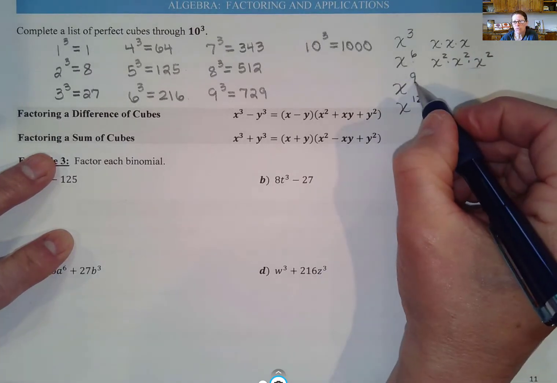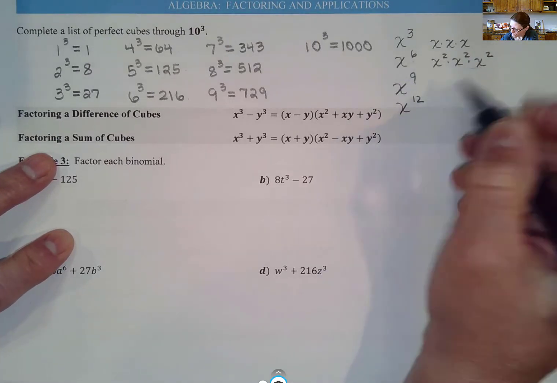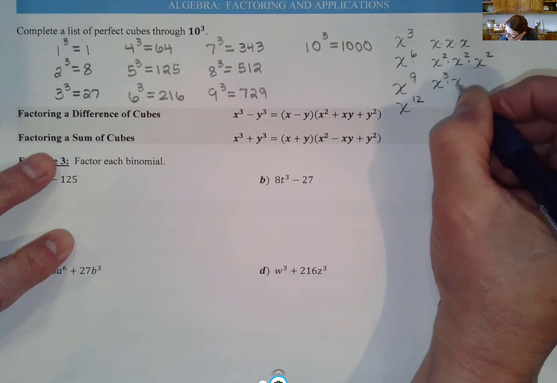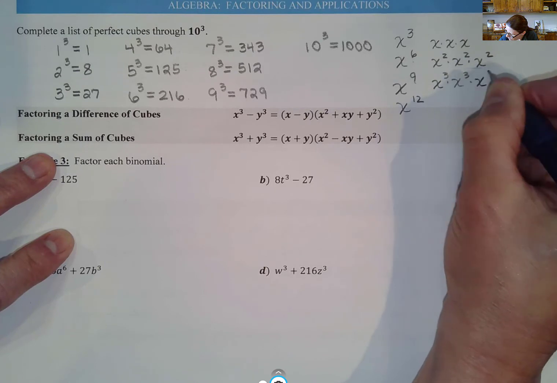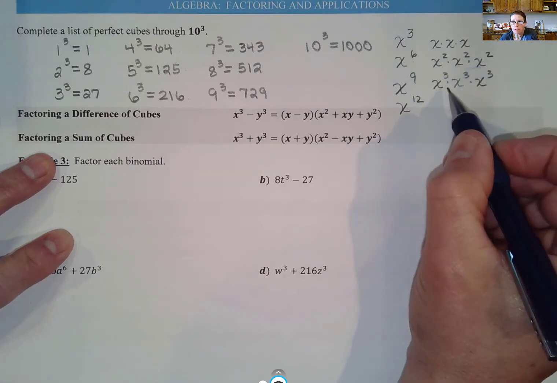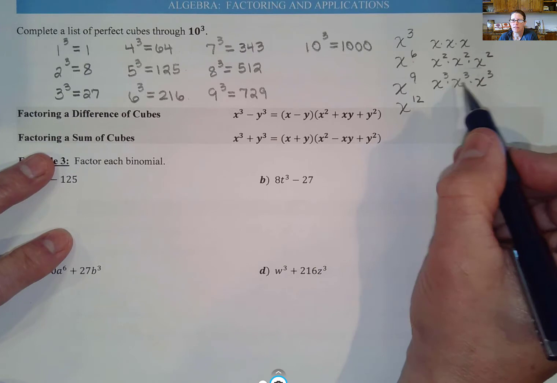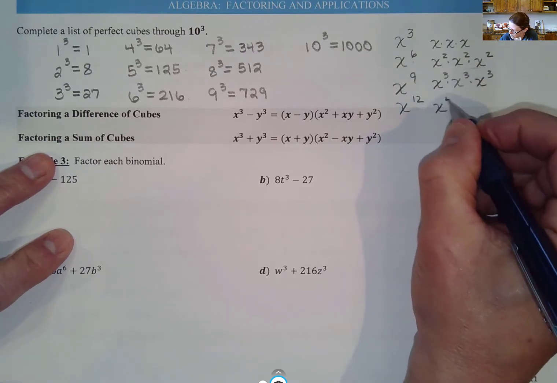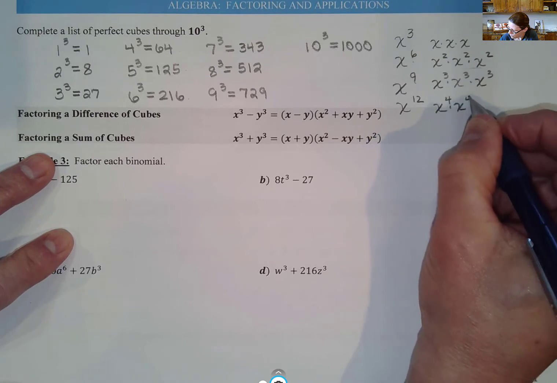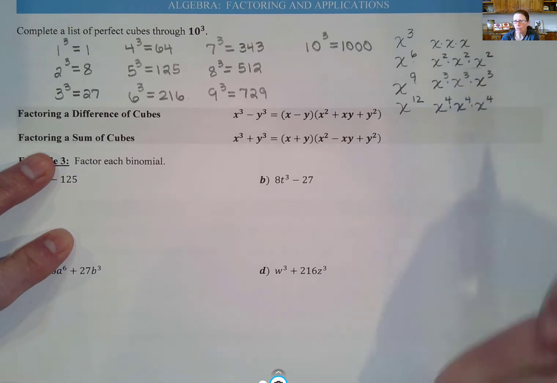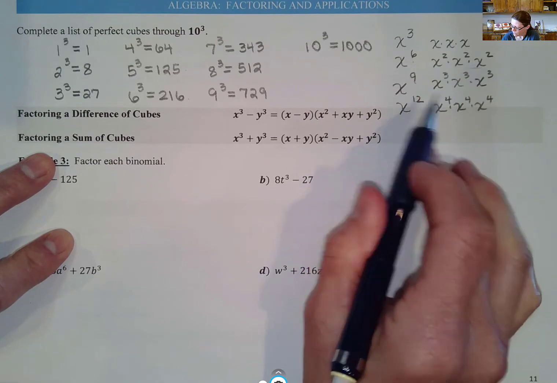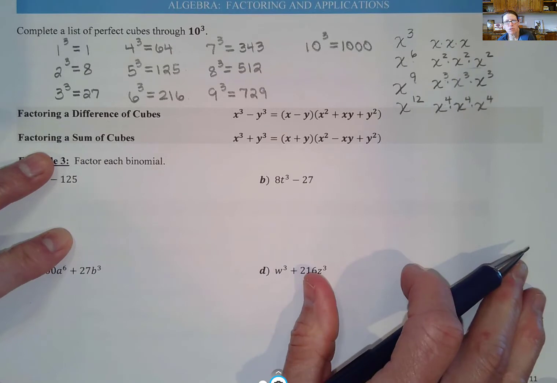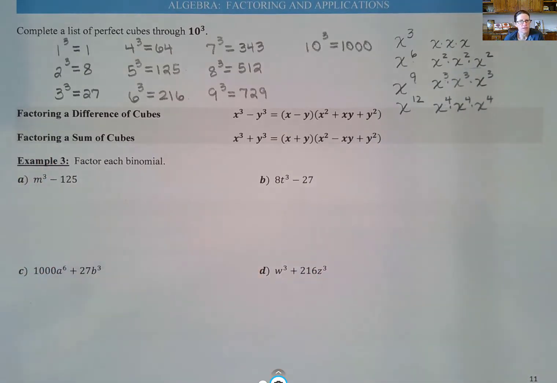Because these exponents are divisible by 3, which suggests that they're the result of multiplying something times itself 3 times. X to the 12th, that's x to the 4th times x to the 4th times x to the 4th, okay? 12 divided by 3 is 4. 9 divided by 3 is 3, and so on. All right, so here we've got our list of perfect cubes.